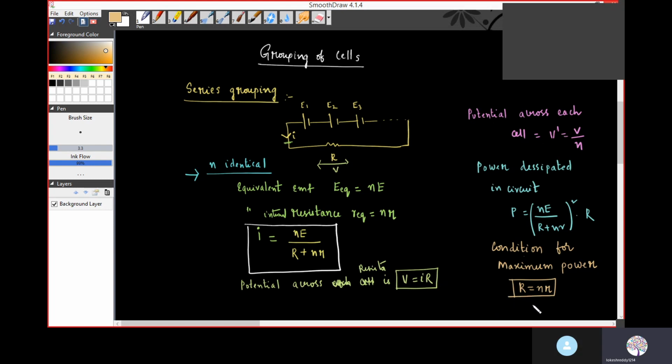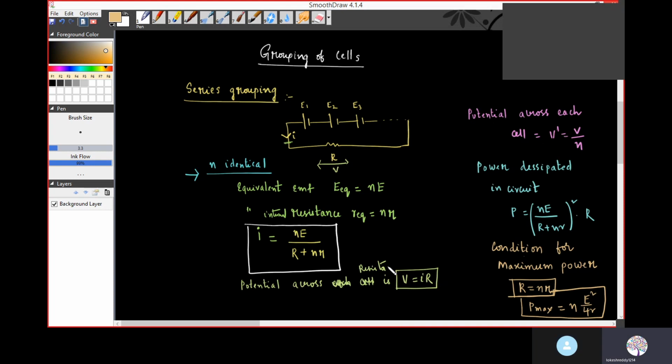Then the power dissipated is maximum, and P max is equal to N into E square by 4R. This is grouping of cells when you have identical cells.